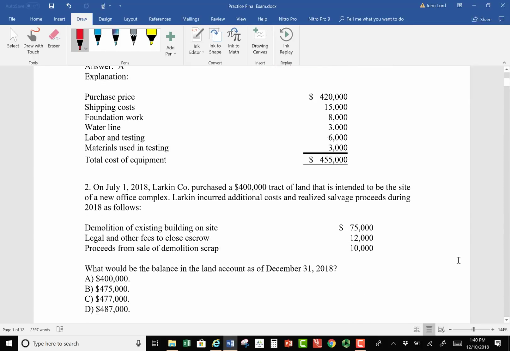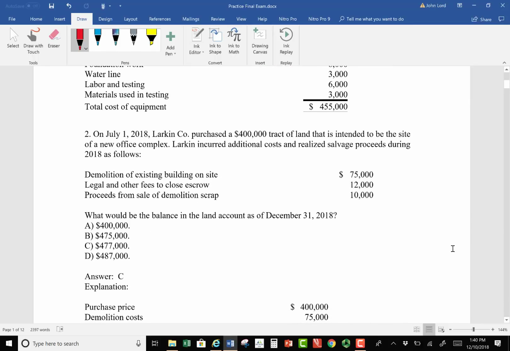Okay. All right, good. Number 2, and we want to figure out what should be the cost of the land. Any cost that we incur to get the land nice and flat, so we can be using it, is part of the cost of the land. If we start digging for the foundation or whatnot, that's part of the cost of the building, right?